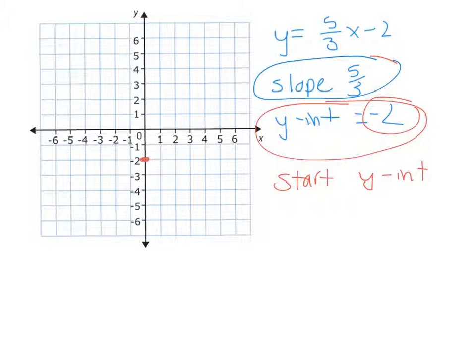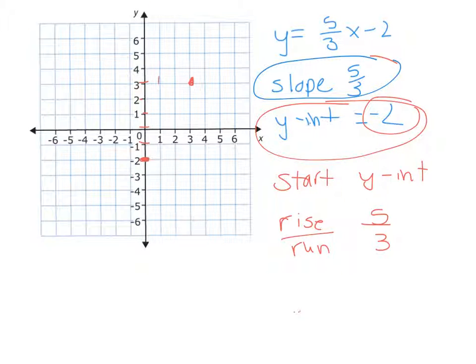And that's my starting point. Now from that starting point, I'm going to do my slope. And remembering that my slope is rise over run, both of these are positive, 5 over 3. So I'm going to go up 5, 1, 2, 3, 4, 5, and to the right 3. And that's where I put my next dot.